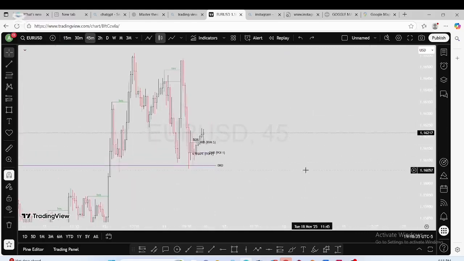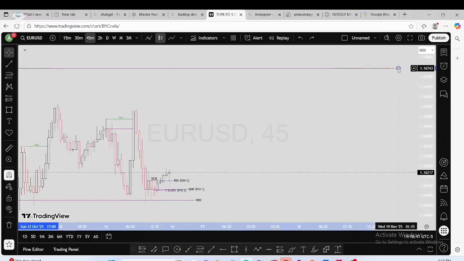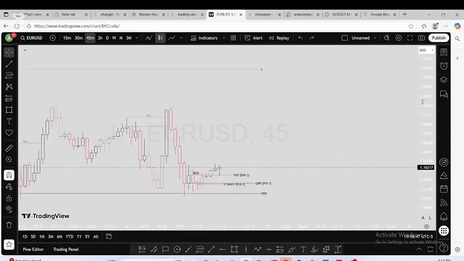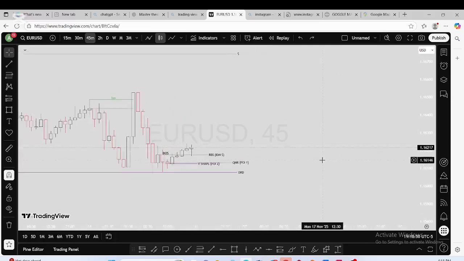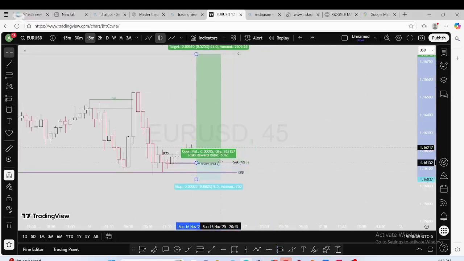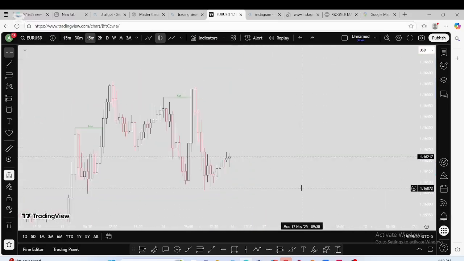So my entry now will be on this level here, this first POI, targeting it all the way to this level, putting my stop loss a little bit below this daily reject daily. So this is what I'm expecting from the market.